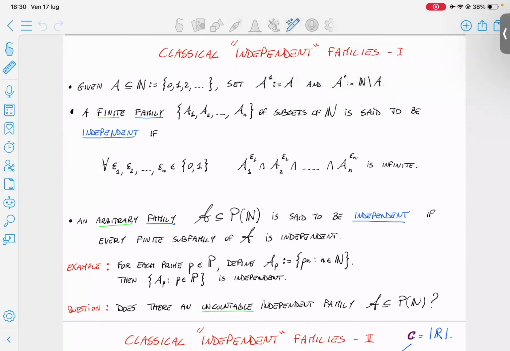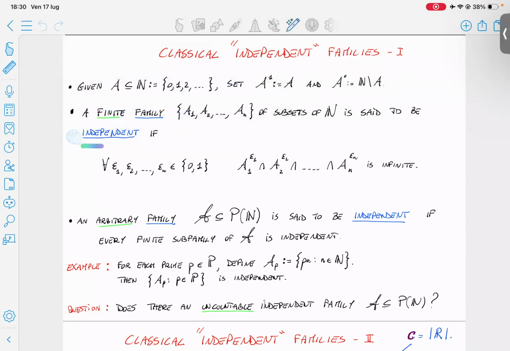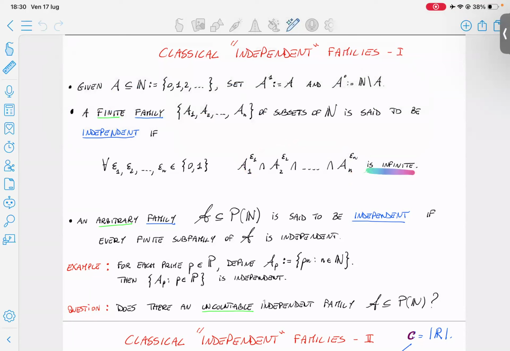A finite family A1 up to AN of subsets of naturals is said to be independent if, whatever the exponents epsilon 1, epsilon 2 up to epsilon n that you choose, all possible intersections are infinite. This is the classical definition of independent finite family.